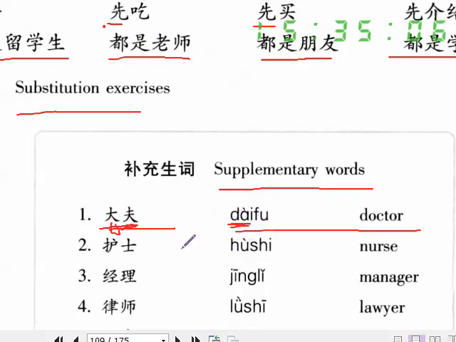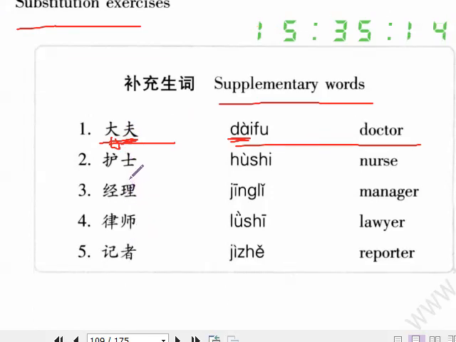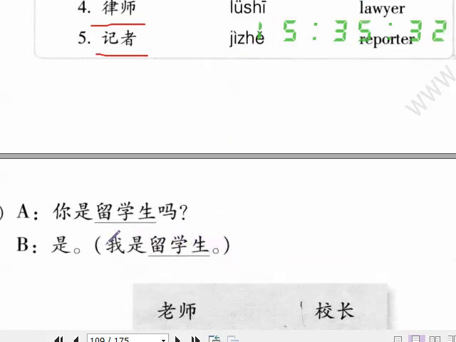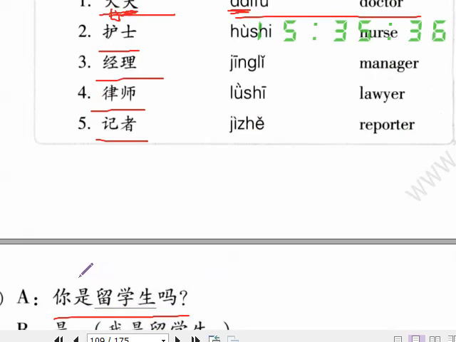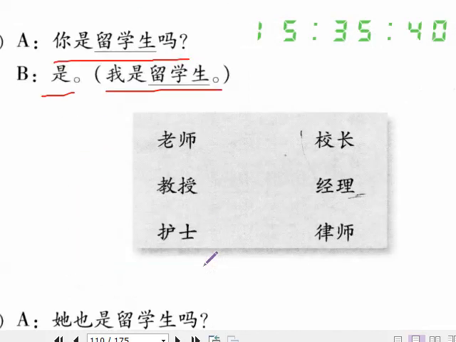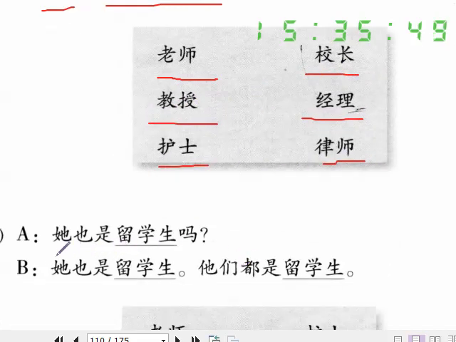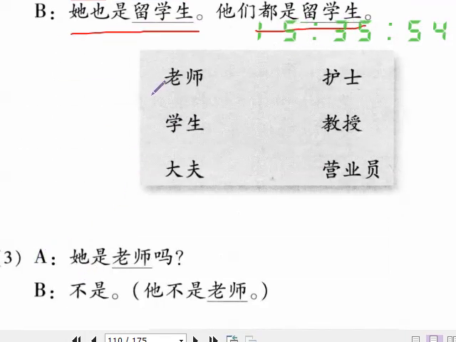Remember, don't make a mistake: 大夫 is for doctor; you also can say 医生. 护士，经理，律师，记者，你是留学生吗？我是留学生。老师，校长，教授，经理，护士，律师，他也是留学生，他也是外国人。老师，护士，学生，教授，大夫，营业员。Last time we said 营业员 is a salesman or shop employee.